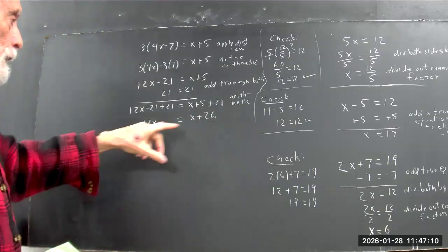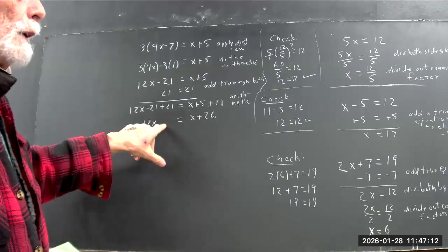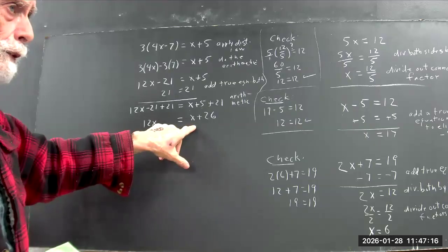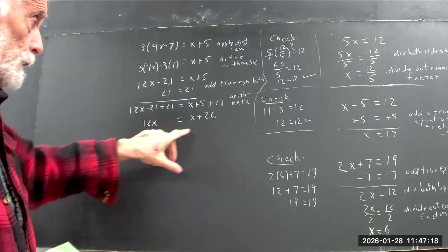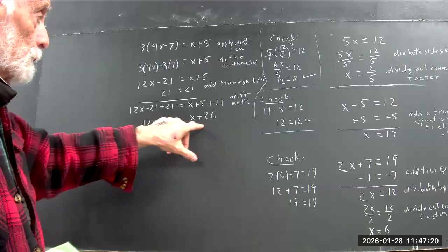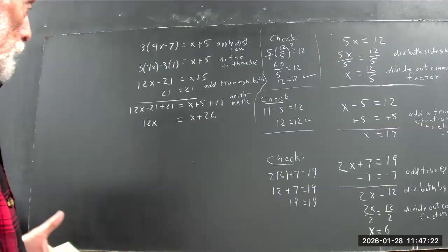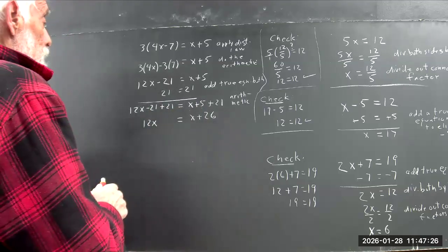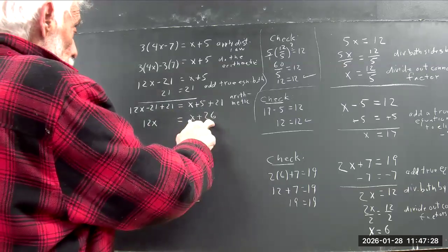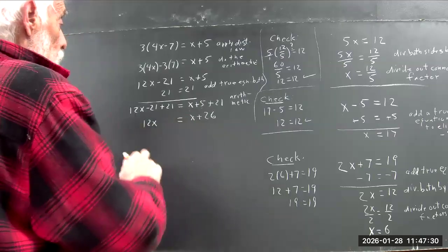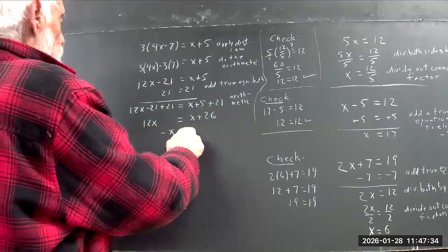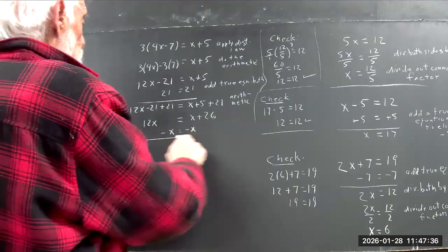So now we don't have any plain numbers on the left-hand side. We just have x terms. Of course, we also have an x term over here on the right-hand side. We have 12x equals x plus 26. Okay, well, the 26 needs to be left on this side, but the x needs to go away. So we're going to add negative x equals negative x.